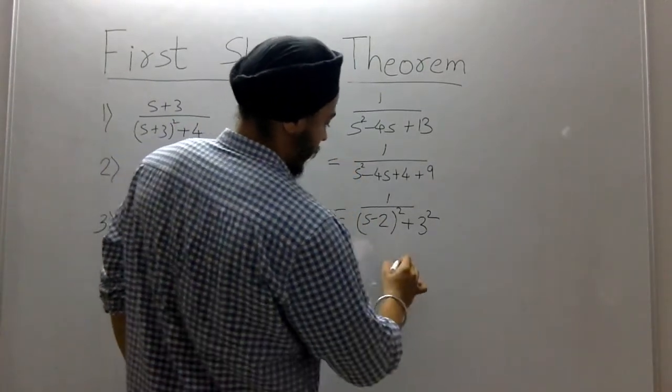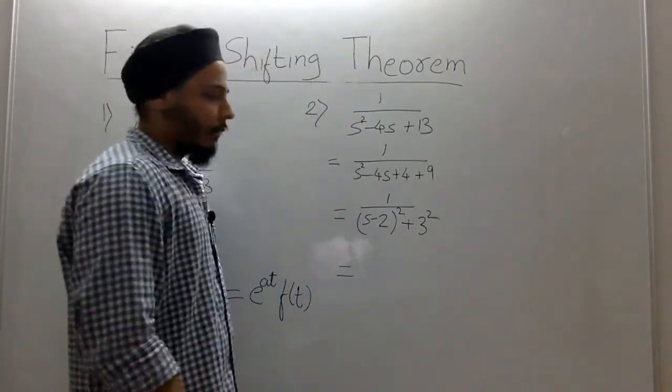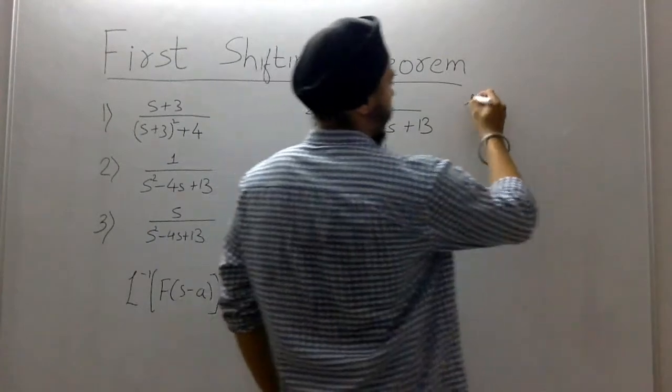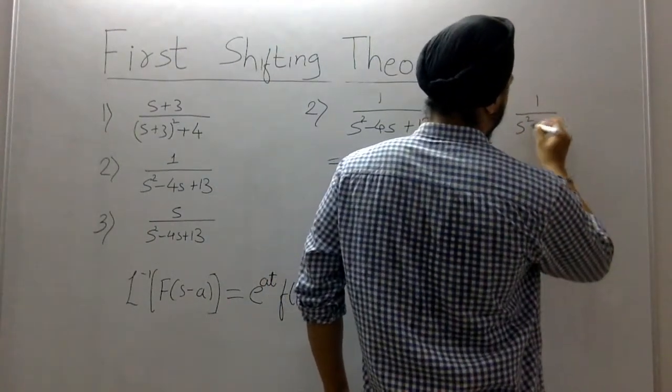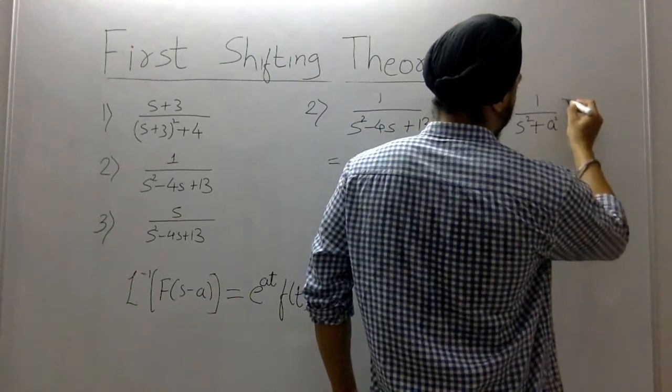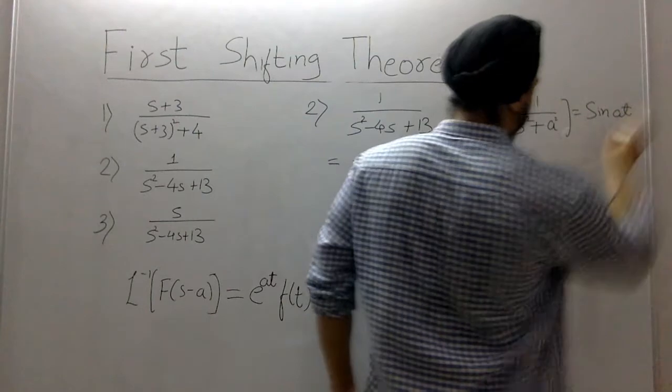Now we know that the Laplace inverse of 1 over s square plus a square is sin at.